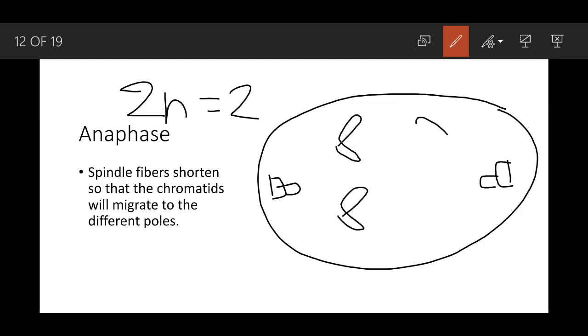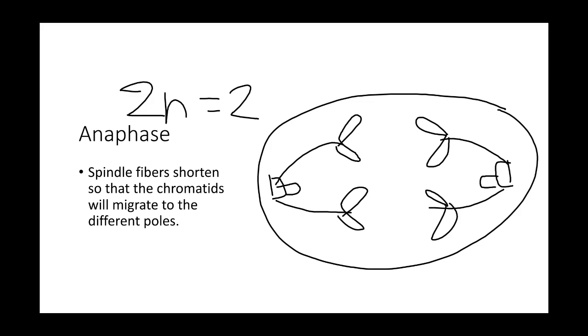As you can see, they are already separated and starting to migrate to the different poles so that at the end, you'll have the same number of chromosomes. So, that's the characteristic of anaphase. The spindle fibers shorten so that they can separate and pull the sister chromatids to the end poles.